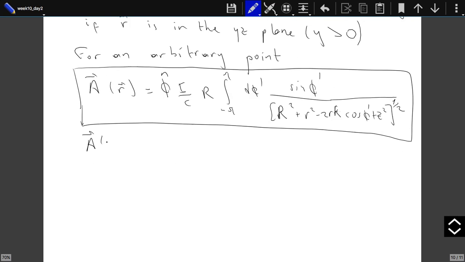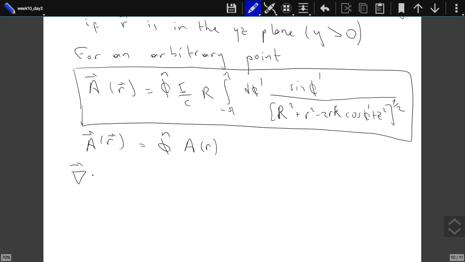So A, as a function of position, is a vector in the phi hat direction, and it only depends on r, A_r being that integral over there.